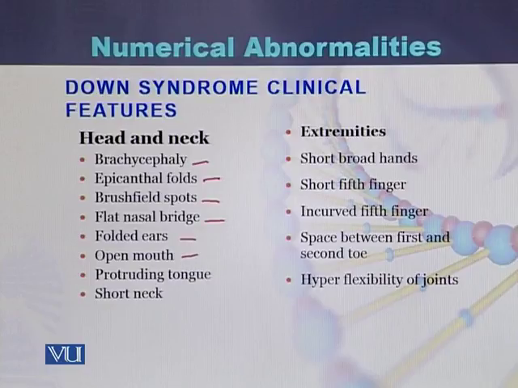On the other hand, these children have short and broad hands, short fifth finger, incurved fifth finger, and space between the first and second toe. So these are the complete clinical features present in children that have Down syndrome.